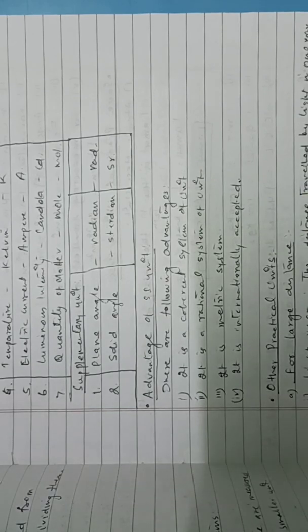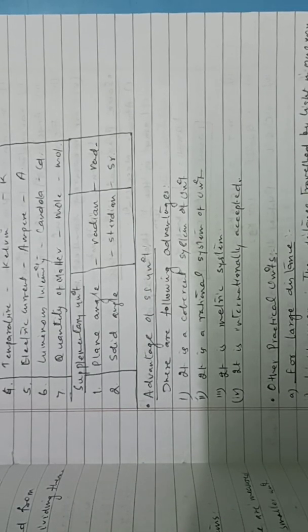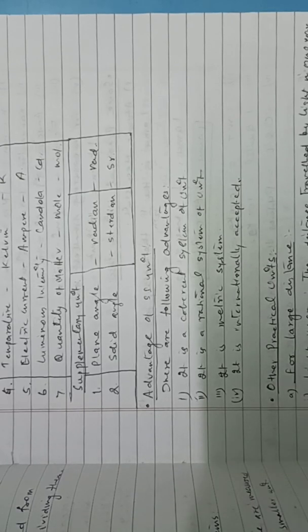These are the basic units, so that SI system contains 7 basic units, and they are represented in different terms.